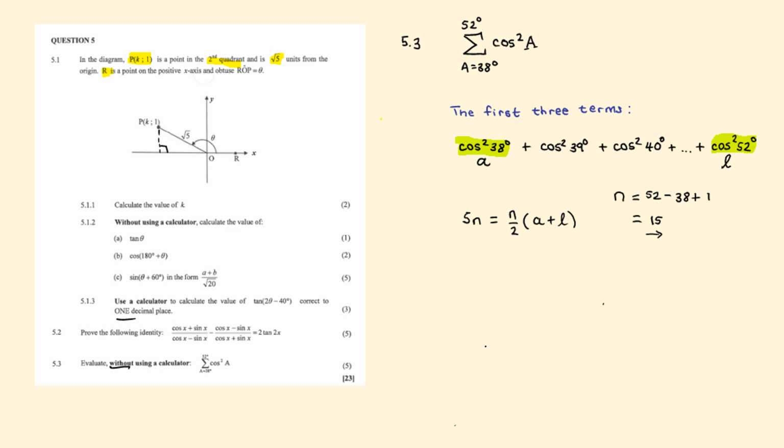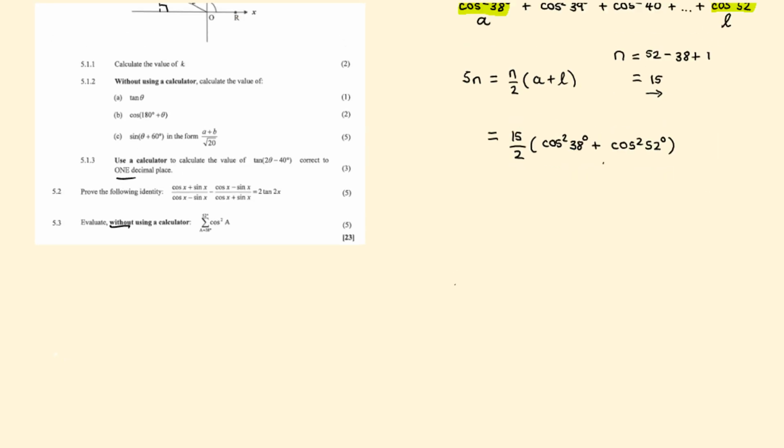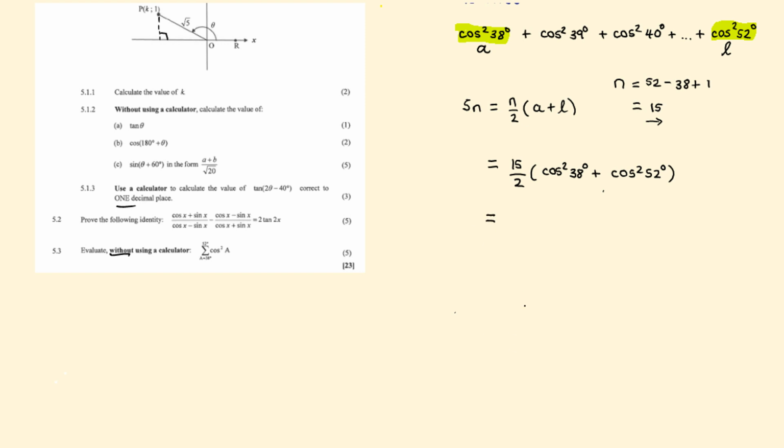Substituting that, cos squared of 38 degrees plus cos squared 52 degrees. However, when we look at 38 and 52, we see that these two are co-angles, meaning that they add up to 90 degrees. So we can change cos squared 52 degrees into its co-function. Okay, we do that by saying the cos of 90 degrees minus 38 all squared is equal to cos squared 52 degrees, right?